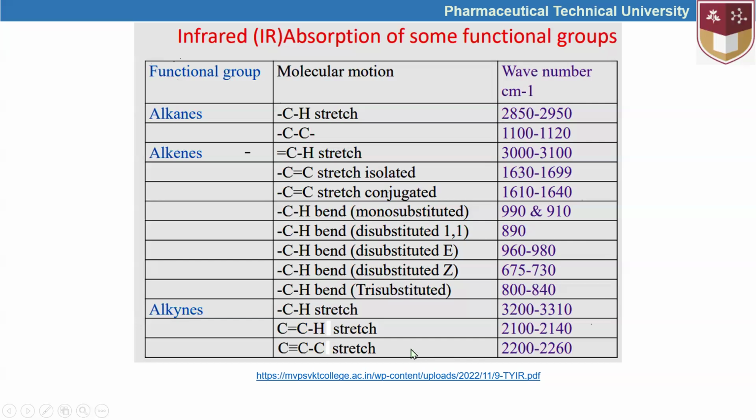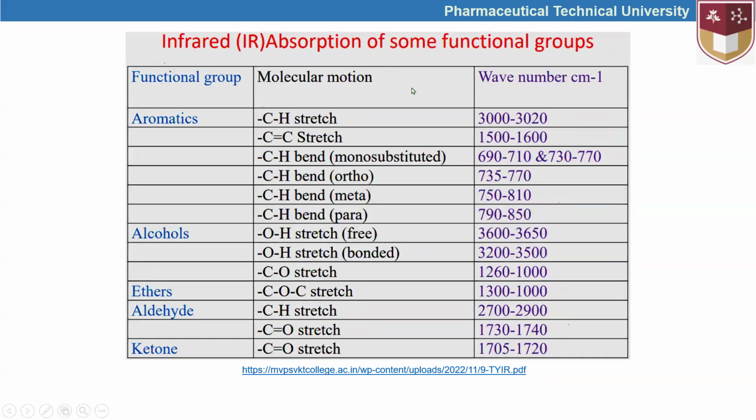And the stretch here, carbon-carbon double bond and hydrogen, carbon-carbon triple bond and carbon, they might have this kind of close wave number range. That's why many pointers should be taken into consideration while we are comparing the molecular motions and infrared spectra of different aromatic or non-aromatic compounds.